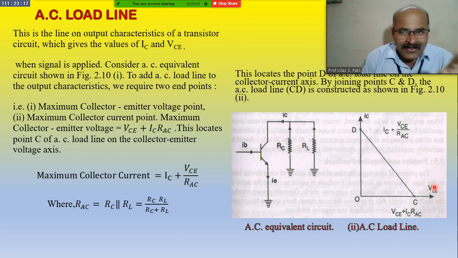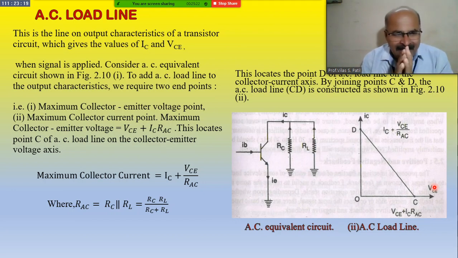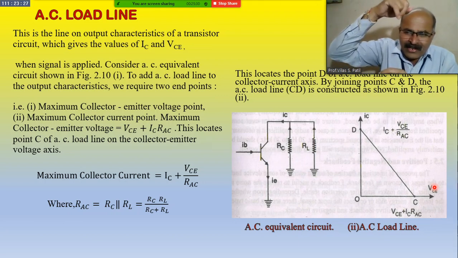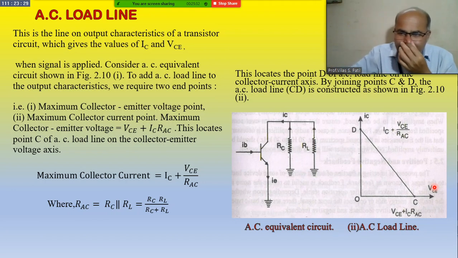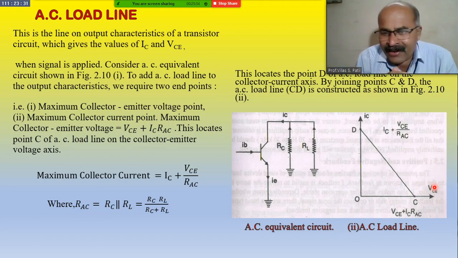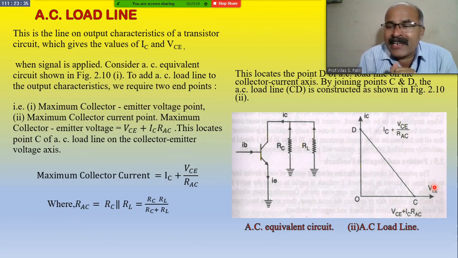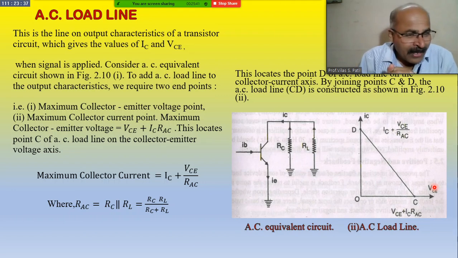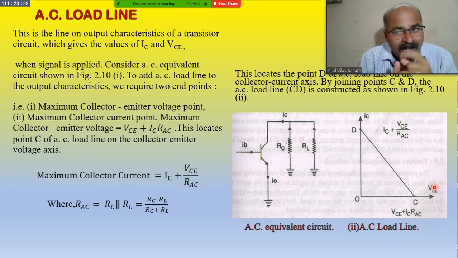Here we see in this slide, this is the line on the output characteristic of the transistor. As I just told, if we draw the line intersecting both axes of the output characteristic in only AC condition, then that line will be known as an AC load line, which gives the values of IC versus VCE.